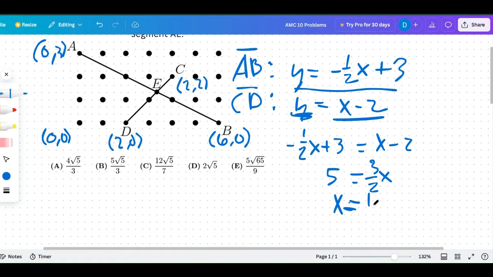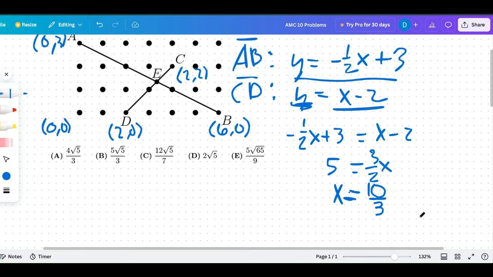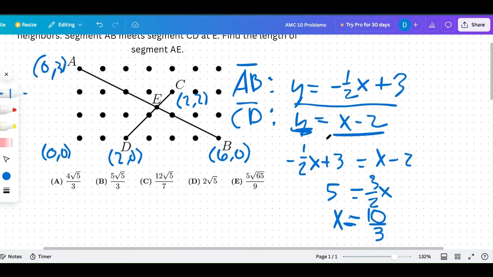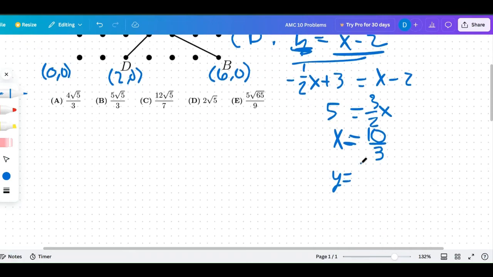We substitute back in, and this equation seems much simpler, and y is equal to 4 over 3.